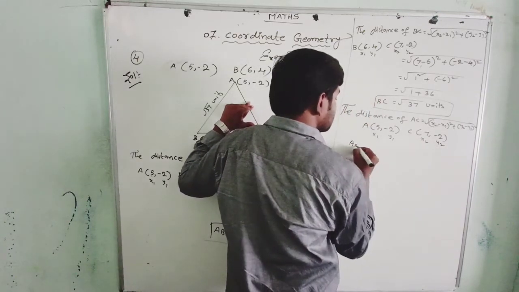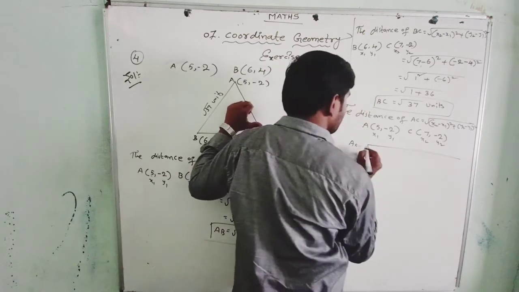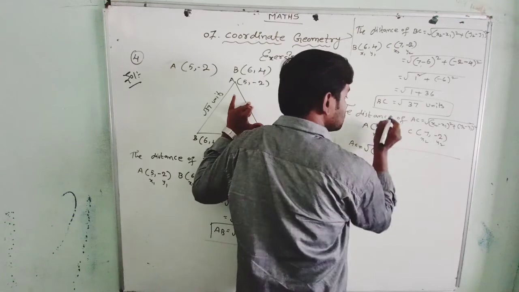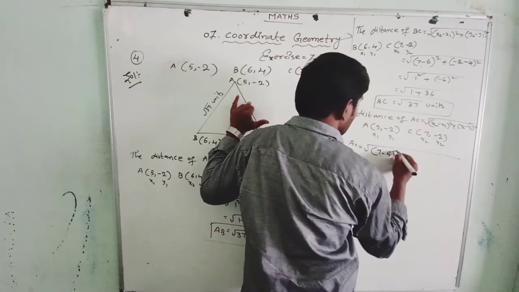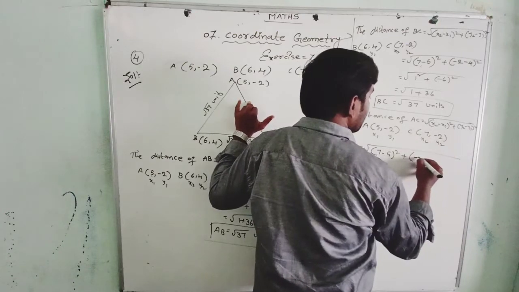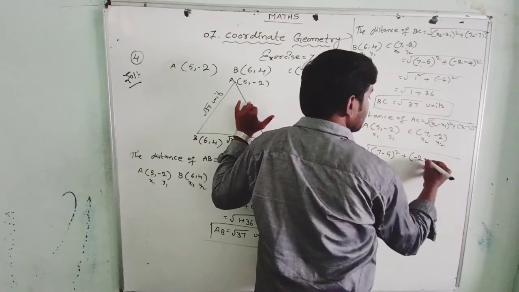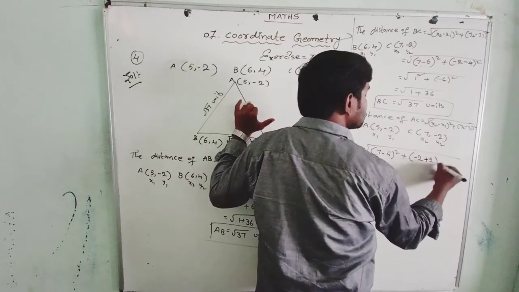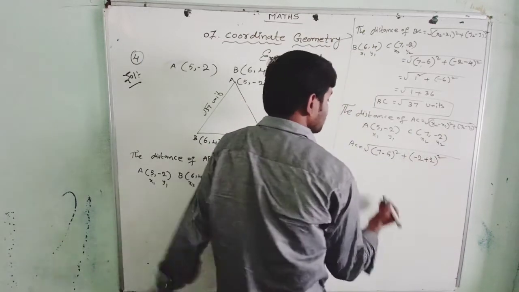Now substitute. AC equals under root of (x2 minus x1), 7 minus 5, whole square plus (y2 minus y1), minus 2 minus, according to the formula, y1 value is minus 2, so minus of minus is plus 2, whole square.